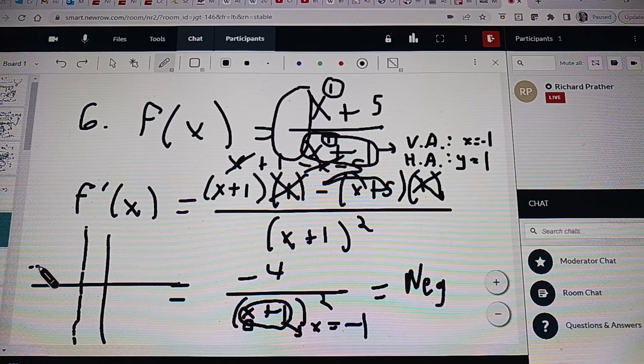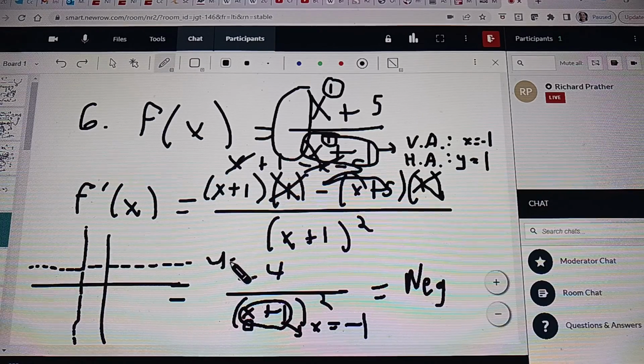So we've got a horizontal asymptote of y equals 1, a vertical asymptote of x equals negative 1. And if you plug 0 into the original function, the y-intercept would be 5 divided by 1, which is 5. So there's a y-intercept of 5.